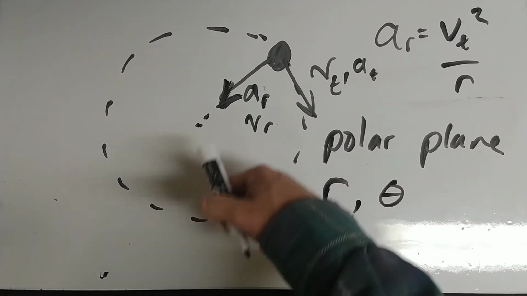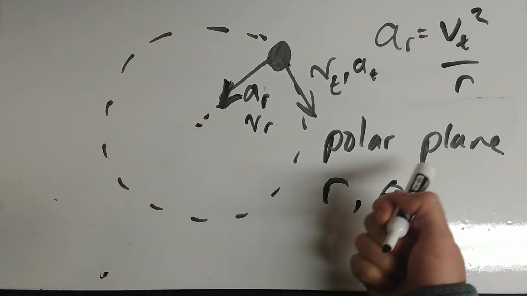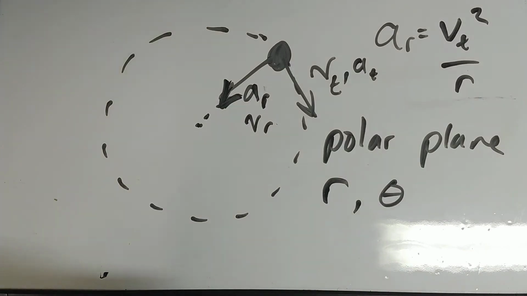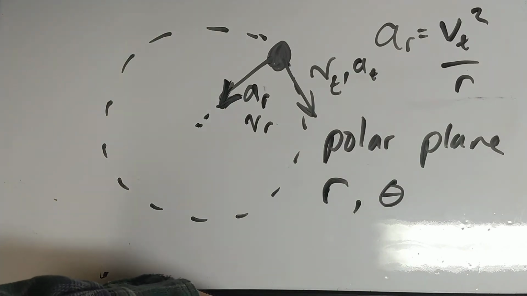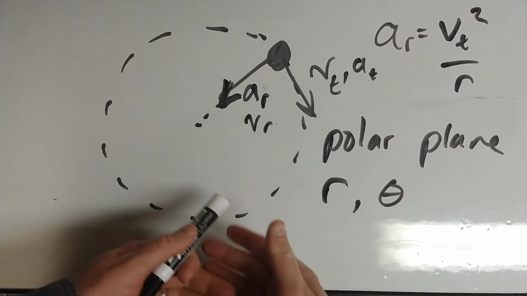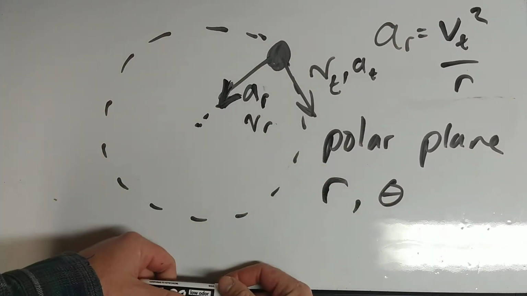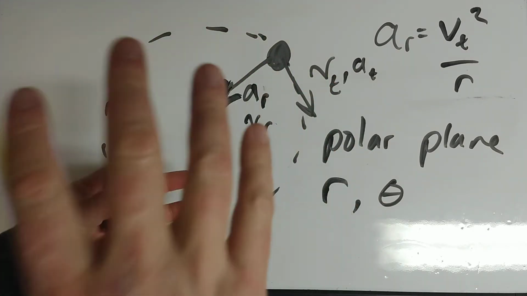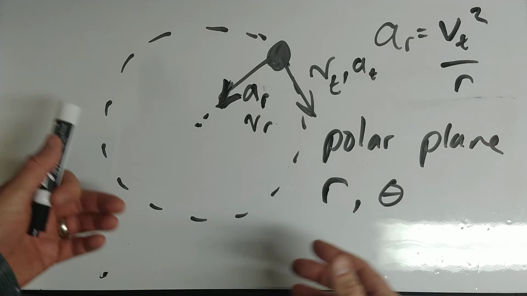We have a radial component and an angular component, and that's a polar coordinate. It's kind of cool to learn about. So it's two-dimensional: radius, theta. If it was three-dimensional, we'd have a z-axis, kind of like something moving in a cylindrical shell, maybe.